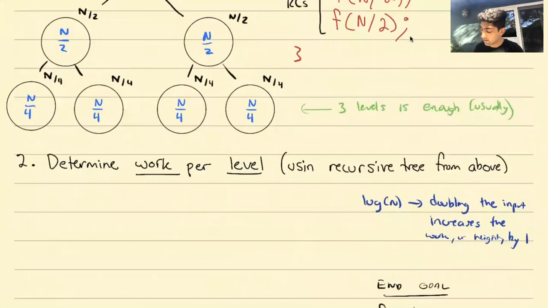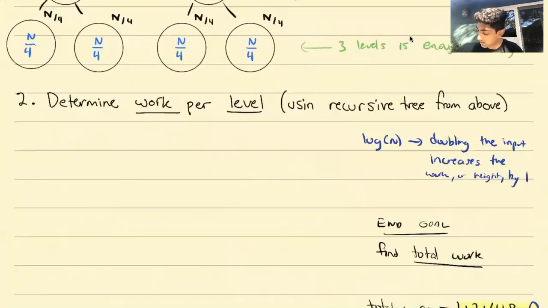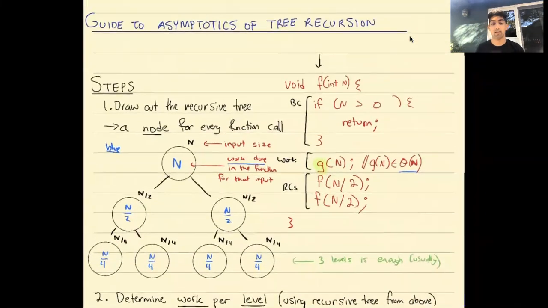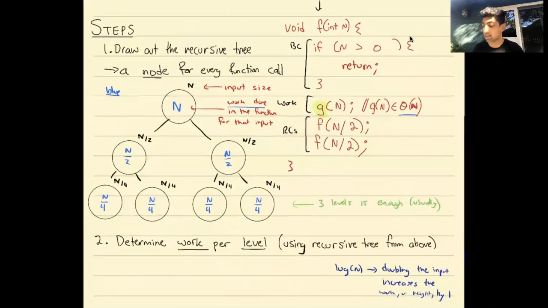With this updated tree, the next thing that we can do is let's try to figure out the work per level. That's the next step.